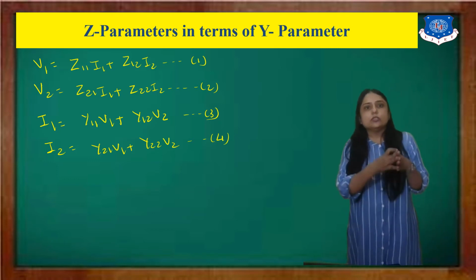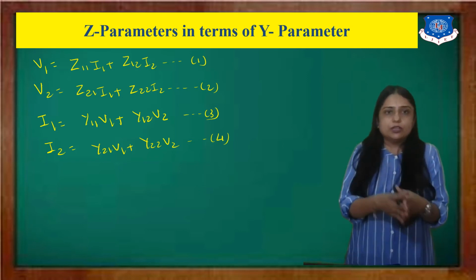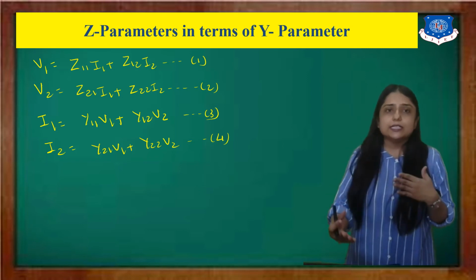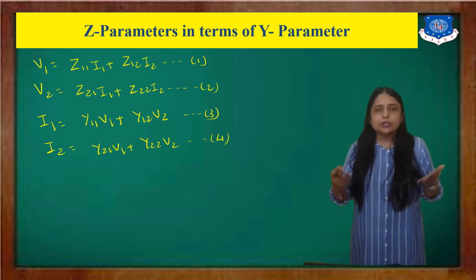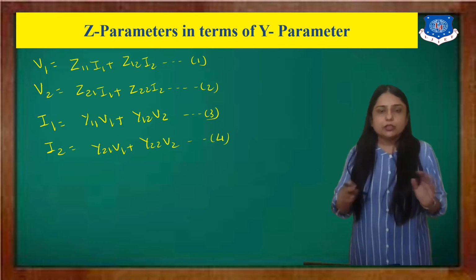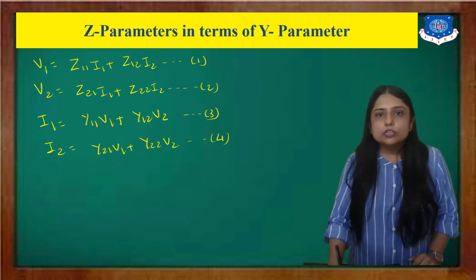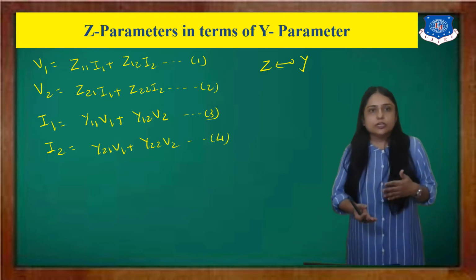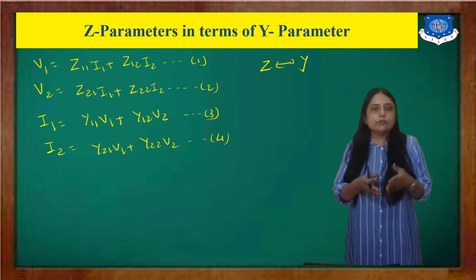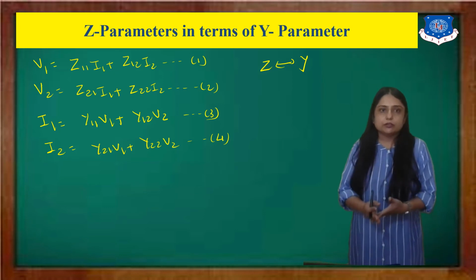See here what we actually want to do. I want to write down the z parameter, that is Z11 equal to something, but in terms of Y. Maybe Y11 upon Y12, Y11 upon delta Y, anything. So just remember Z and Y are reciprocal parameters. Whenever you want to find the relation between reciprocal networks, we use the matrix method.